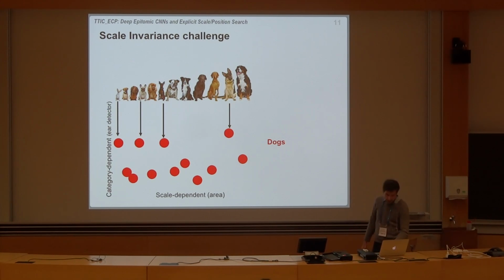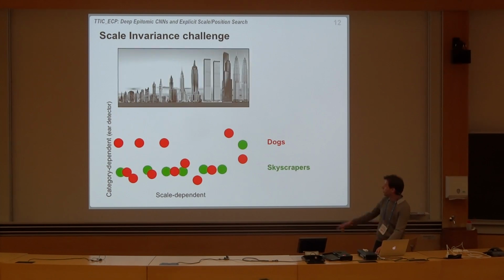Now let's say that we have the task of distinguishing dogs from skyscrapers. That's the killer app, maybe. This is showing the distribution for our features. Just to make it a bit more memorable, you can note that you have some ear-like structures on the rightmost skyscraper. This is how your data would be distributed.